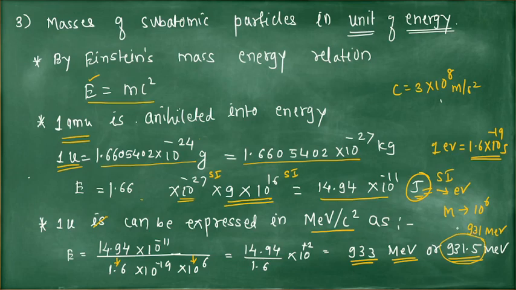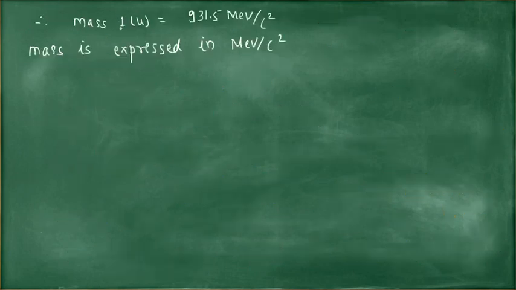This is the energy. If you divide this energy by c square, then you will get the mass. So mass of 1 unified atomic mass unit is 931.5 mega electron volt per c square.